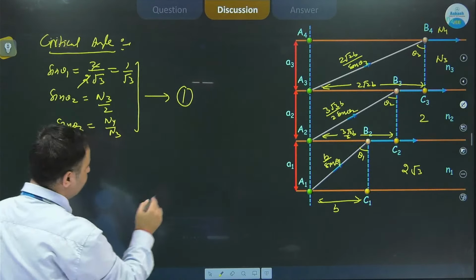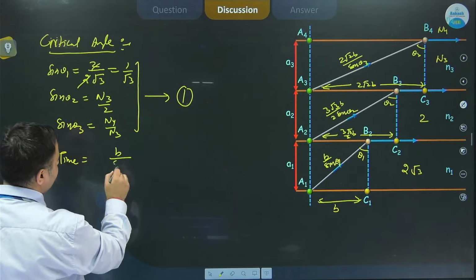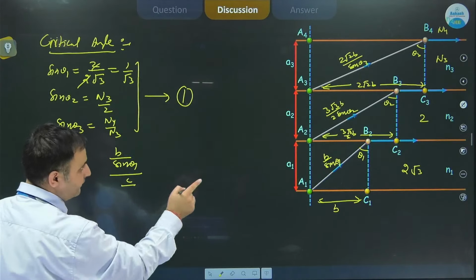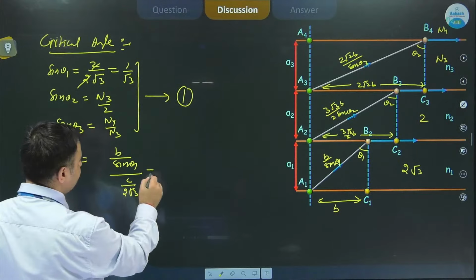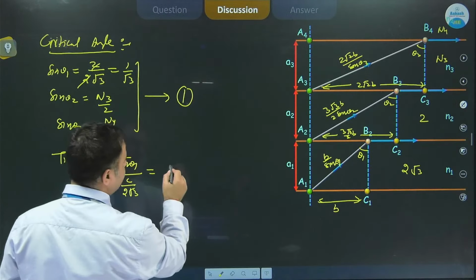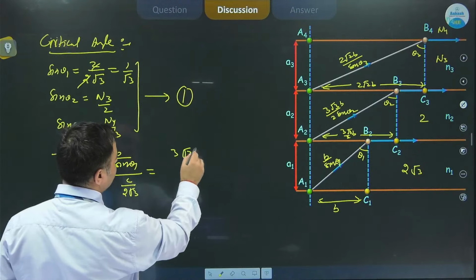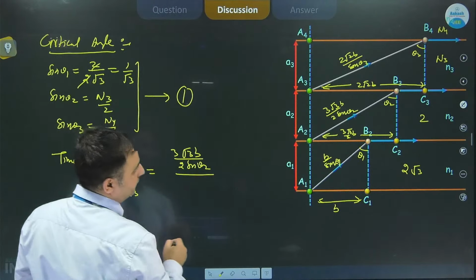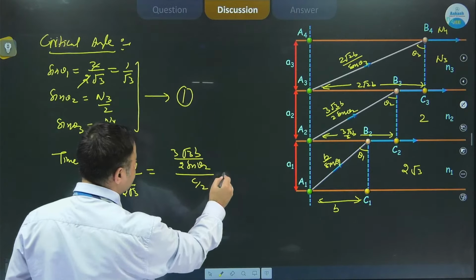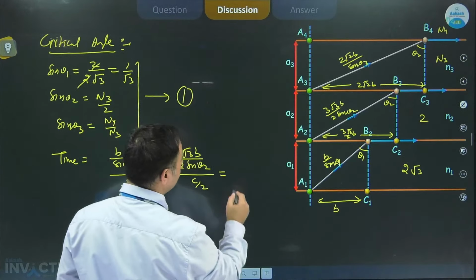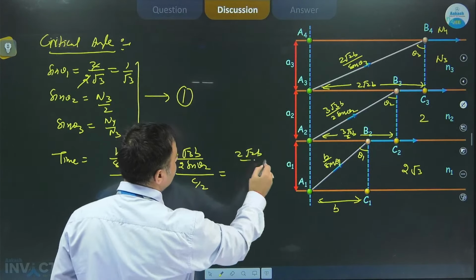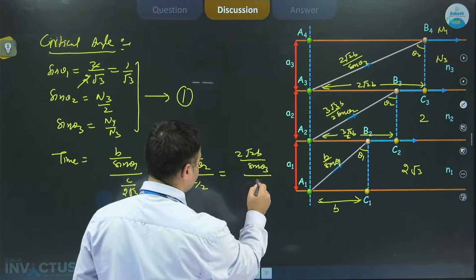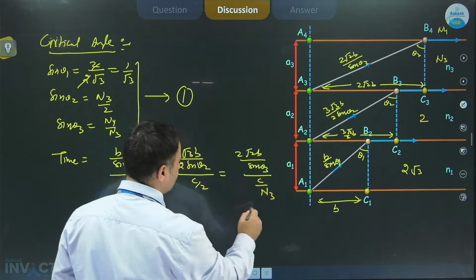So for the first ray, the time taken will be distance B upon sin theta 1 divided by speed, and speed is c divided by the refractive index of the medium, which is 2 root 3. Similarly, in the second medium, the distance travelled is 3 root 3 B upon 2 sin theta 2, and the speed is c by 2. And for the third medium, the distance travelled is 2 root 2 B upon sin theta 3, divided by the speed, which is c by n3. Call it equation number 2.